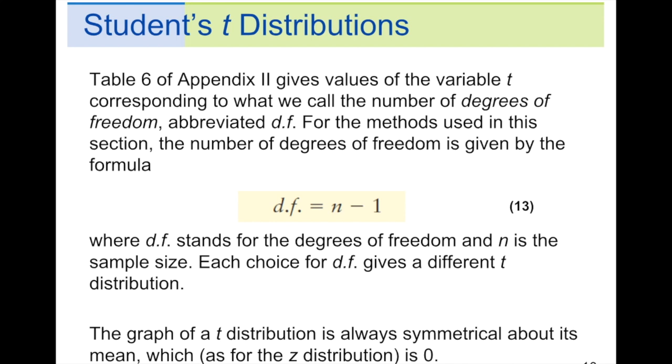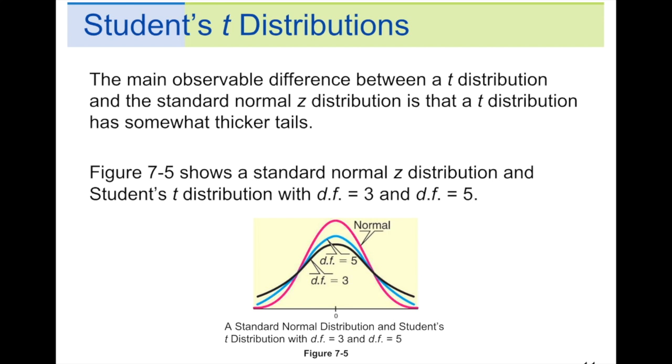The graph of a t-distribution is always symmetrical about its mean, which, as for the z-distribution, is 0. The main observable difference between a t-distribution and the standard normal z-distribution is that a t-distribution has somewhat thicker tails. Figure 7.5 below shows a standard normal z-distribution and student's t-distributions with degrees of freedom 3 and 5.